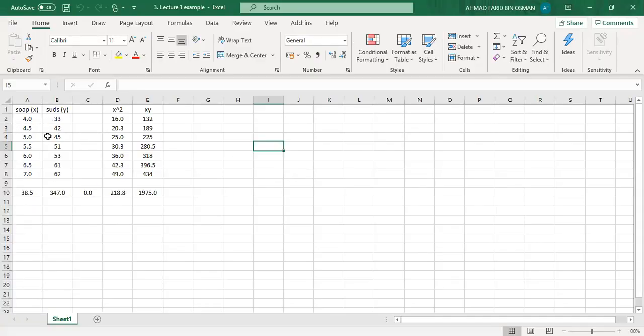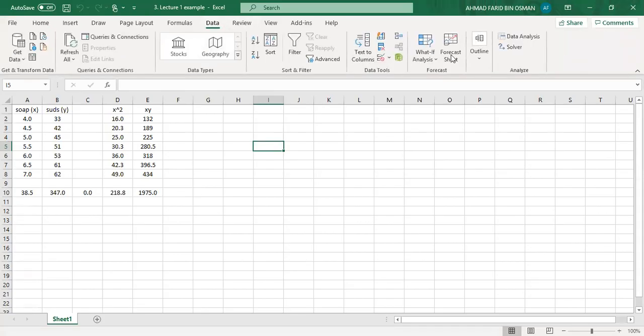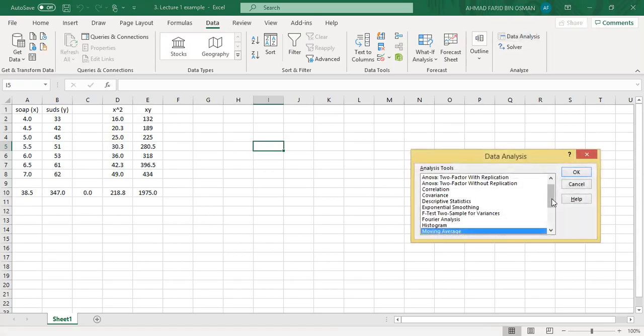Okay, so this is the same data. We have X and Y here. If you want to estimate using Excel, you also can. You can use the data analysis tools and select regression.